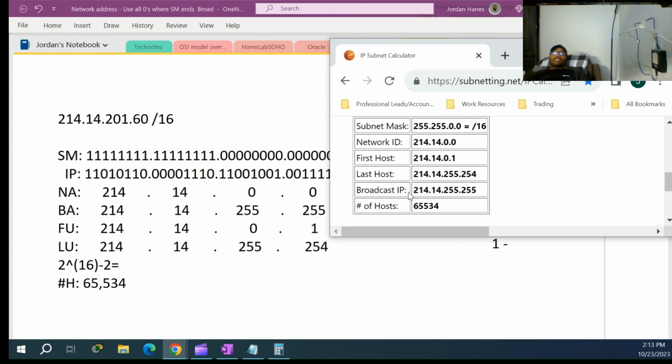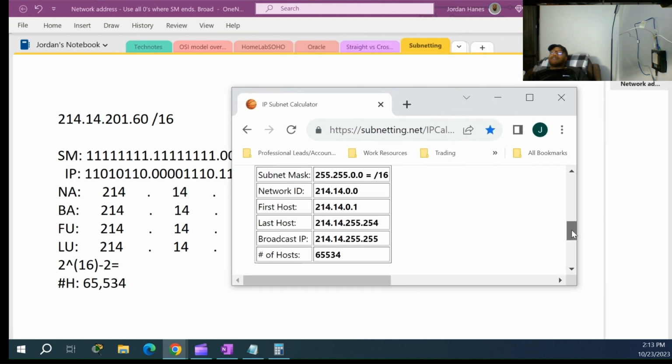We're going to do the broadcast address or the broadcast IP, and that one is going to be 214.14.255.255, and our first usable host here is going to be 214.14.0.1, and our last usable host is going to be 214.14.255.254. And our number of hosts here is 65,534. So very good. We got that one done, everyone.